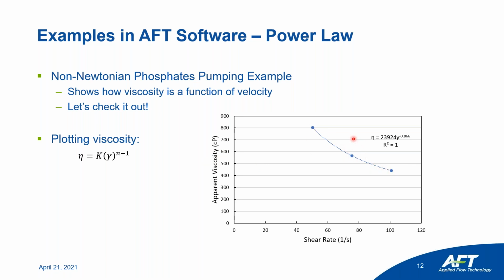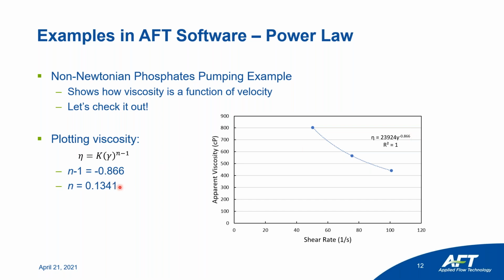And we can use Excel's built-in curve fit tool to determine what our constants are. And we can say that eta is equal to 23,924 multiplied by gamma, our shear rate, raised to the negative 0.866 power. So again, remember that this value here is n-1.